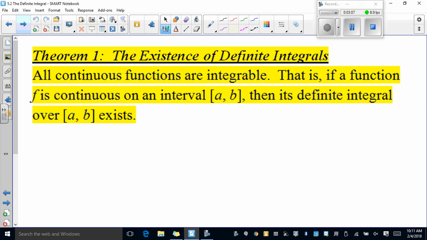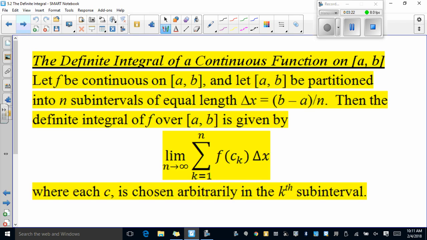So on this one, the definite integral of a continuous function on the closed interval a to b: let f be continuous on the closed interval a to b, and let a to b be partitioned into n subintervals of equal length, delta x equal to b minus a over n. Then the definite integral of f over a to b is given by the limit as n approaches infinity.